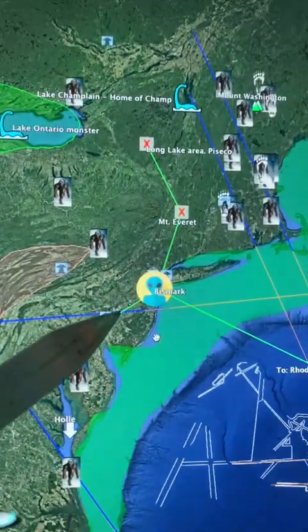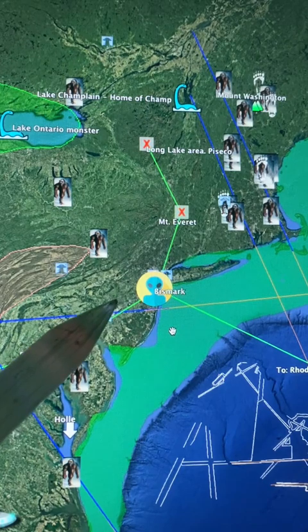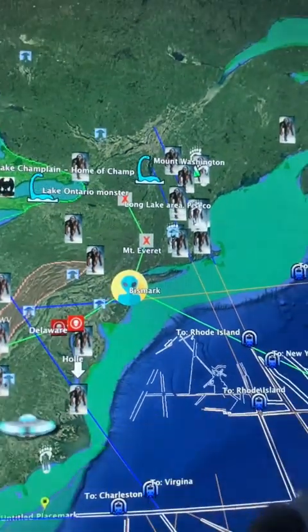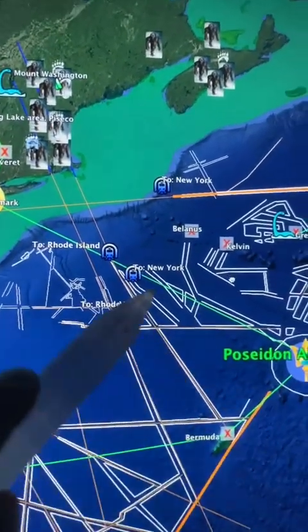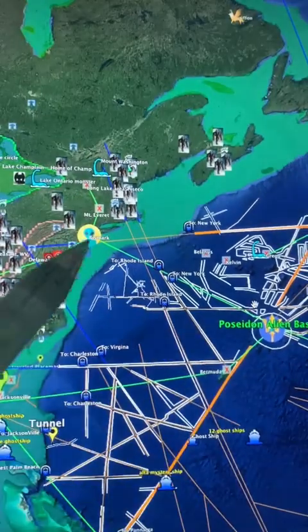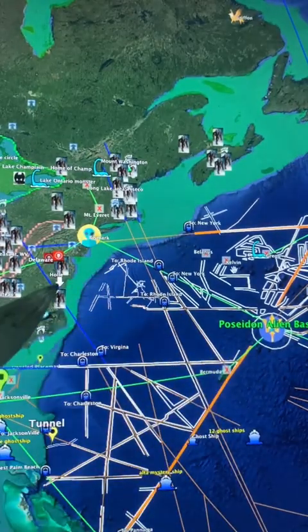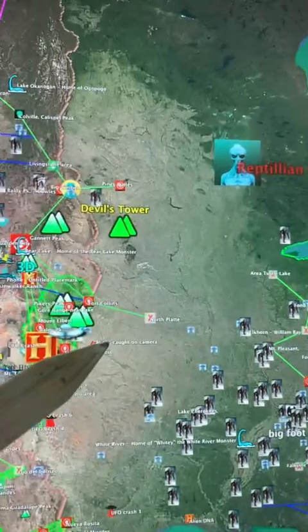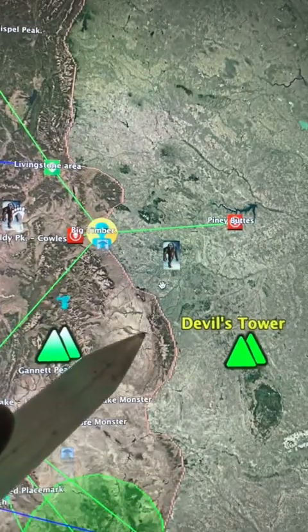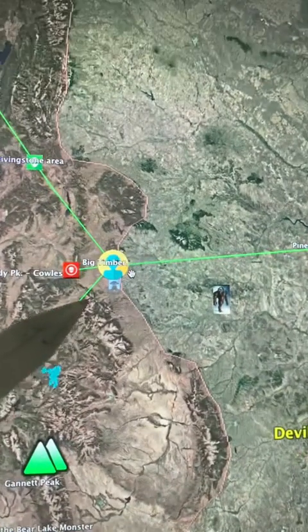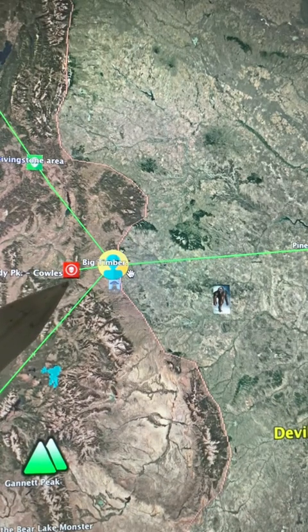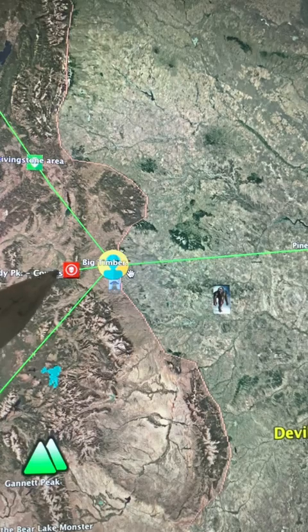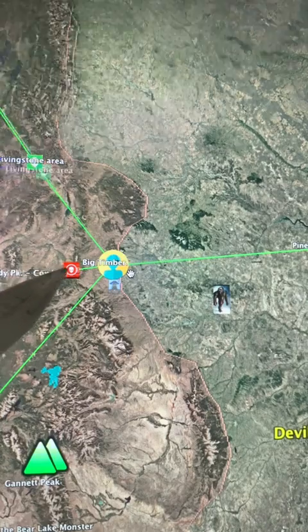One of the important communication centers is in Bismarck for them, but it communicates for sure 100% with the Poseidon base. I say near Devil's Tower is Big Timber. Big Timber is one of the head communication bases for America, for their network.